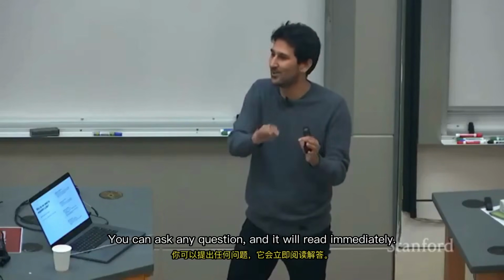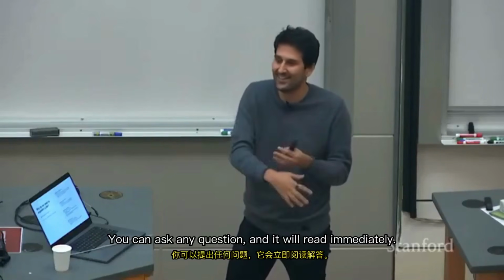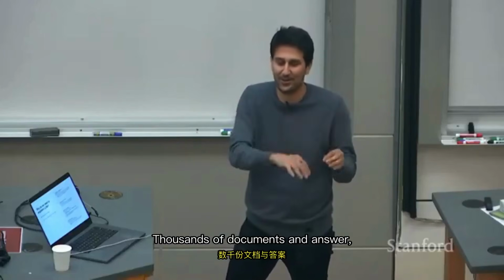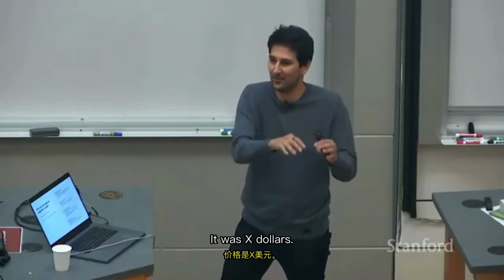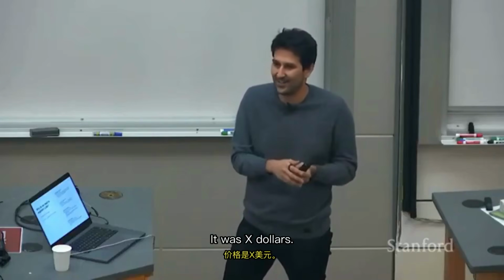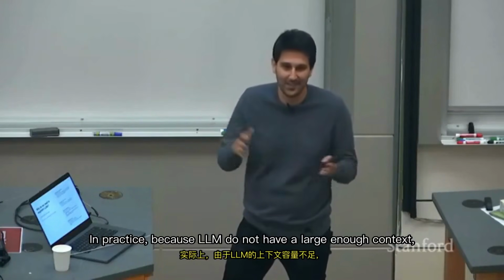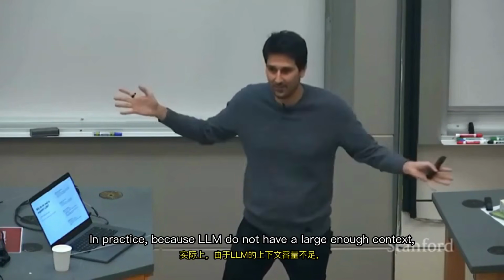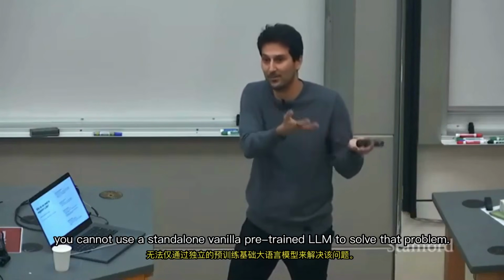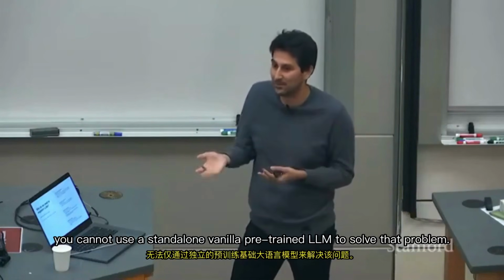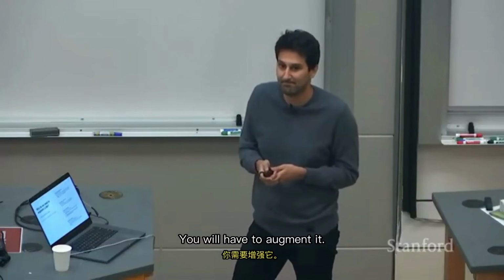You can ask any question and it will immediately read thousands of documents and answer, what was our Q4 performance in sales? It was X dollars. It finds it super quickly. In practice, because LLMs do not have a large enough context, you cannot use a standalone vanilla pre-trained LLM to solve that problem. You will have to augment it.